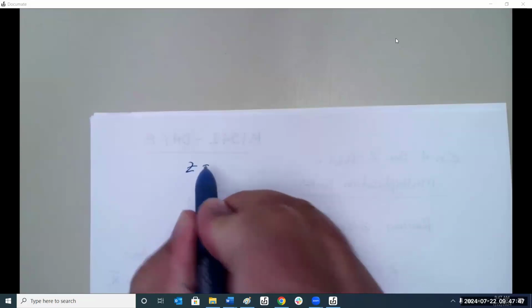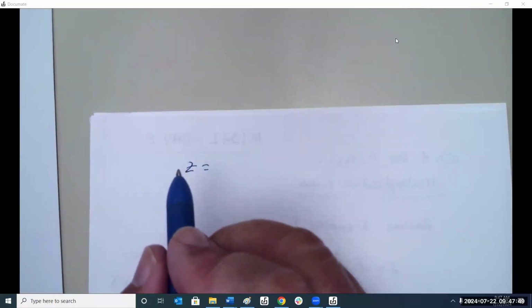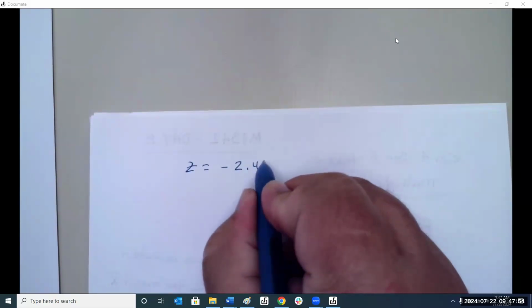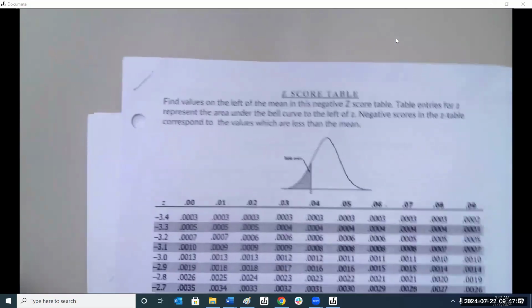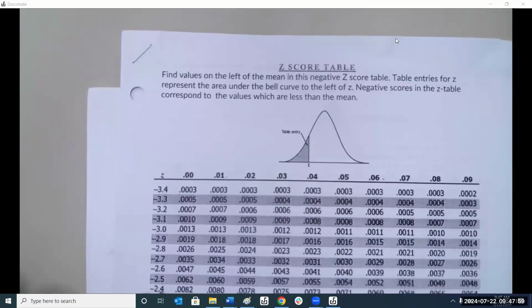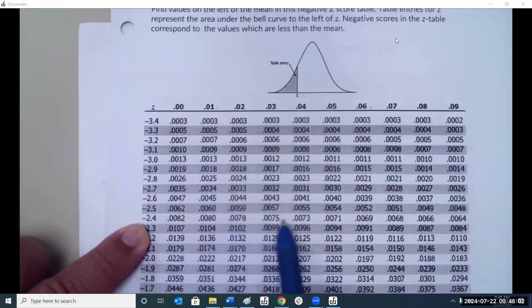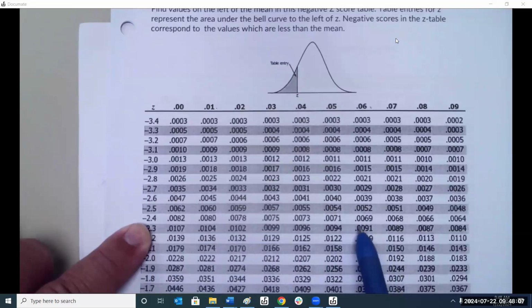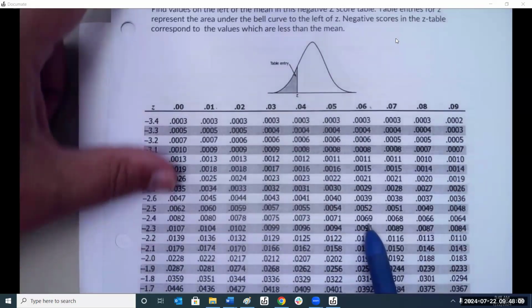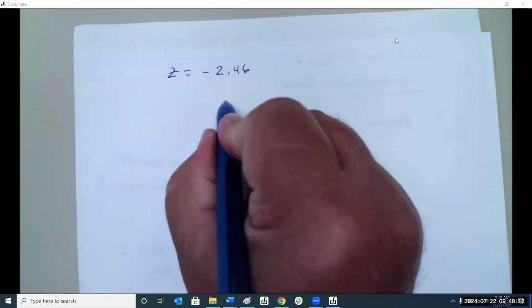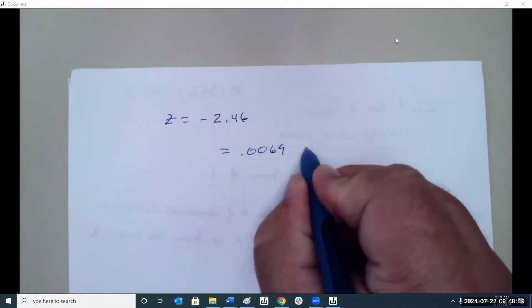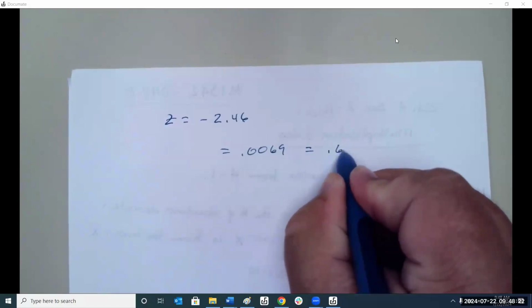If our z-score was -2.46, we go to -2.4, go all the way down to the 6 column, and we get 0.0069. Convert that to percent, we get 0.69%.